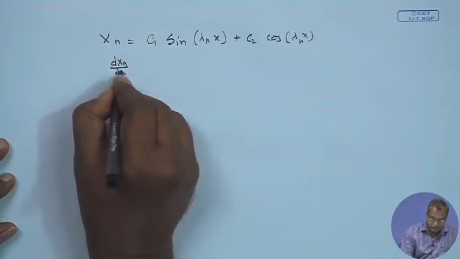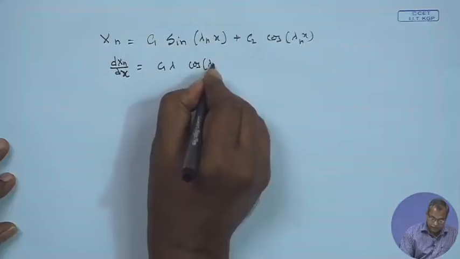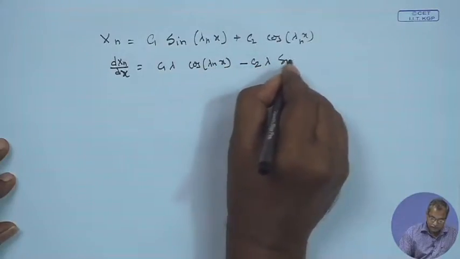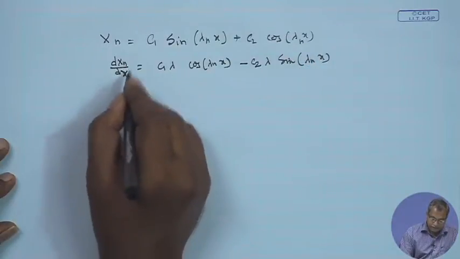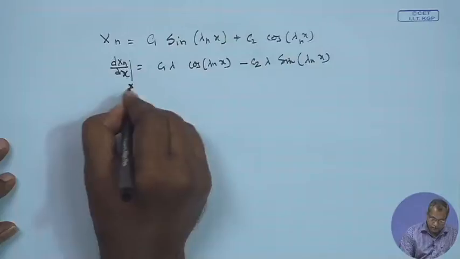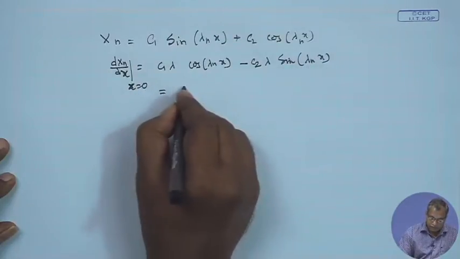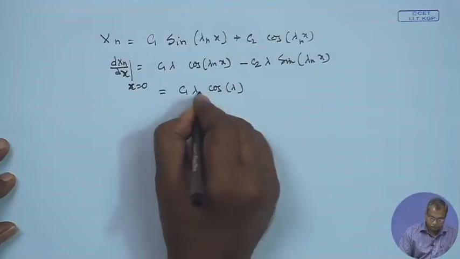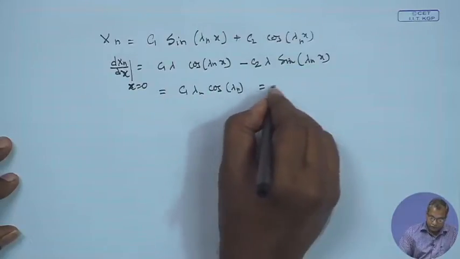Now dXn dx will be nothing but C1 lambda n cos lambda n x minus C2 lambda n sin lambda n x, and dXn dx evaluated at x is equal to 0, sin 0 is 0. So the term that will survive is C1 lambda cos lambda. That will be equal to 0 at this boundary.